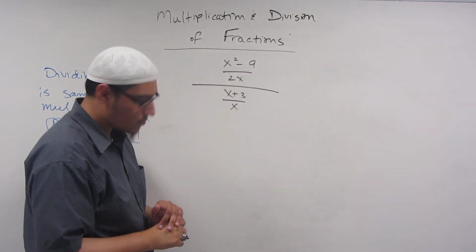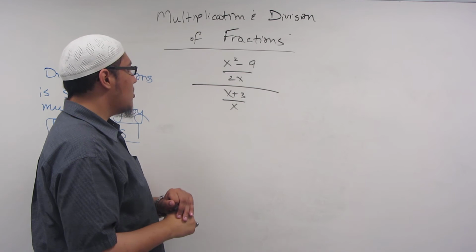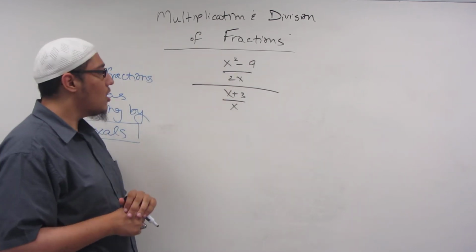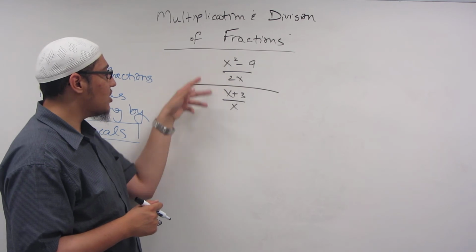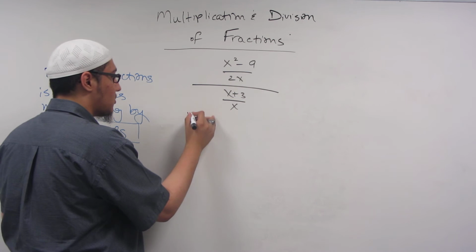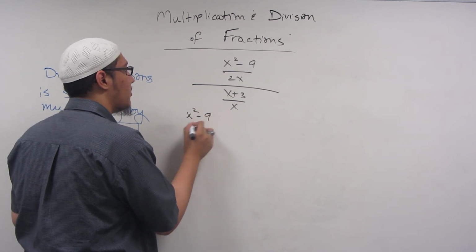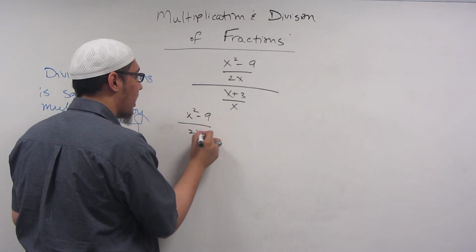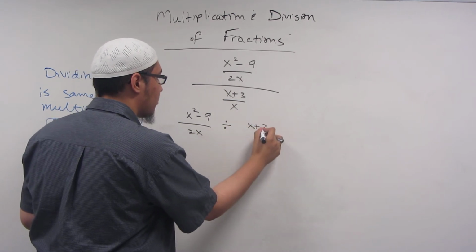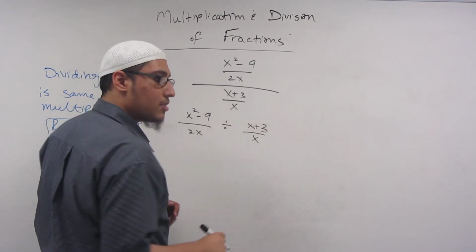All right, that is the problem. So, before we had everything written straight across, but now we have one fraction on top of another. Well, let's rewrite this as what we did before: x squared minus 9 divided by 2x, now with the division sign, all that we're doing is dividing by x plus 3 divided by x.